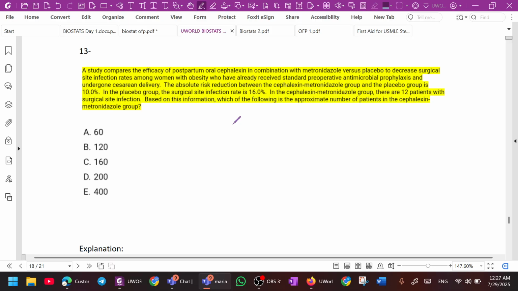So I made the 6% into 100: 12 divided by 6 percent, like 12 by 6 into 100, that means 200.